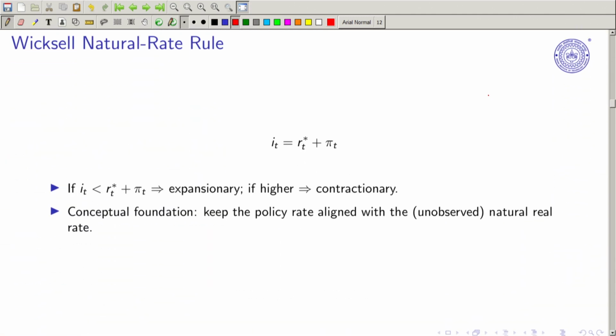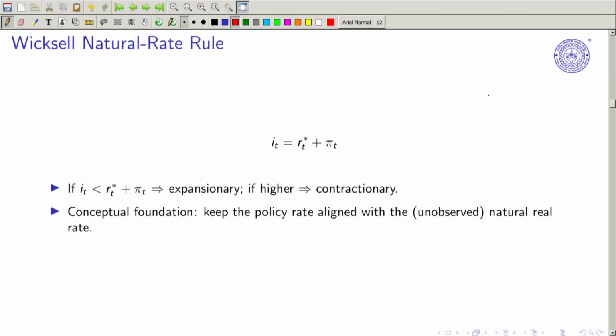Then Wicksell, who is called the father of the interest rate theory that we read in most of the macro textbooks, was a big supporter of an interest rate based economy, and he also suggested that interest rate is nothing but the reward for holding money. So he was one of the strong supporters, like Friedman, who was the major supporter of the monetary idea.